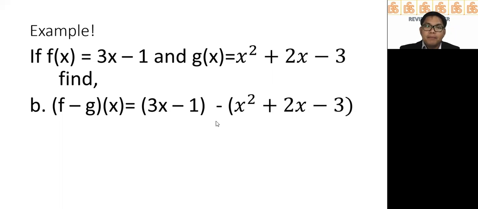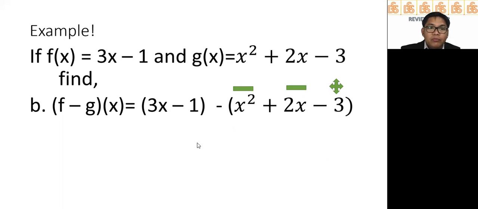What does it mean? From subtraction, we will turn it into addition, and then all signs of the expressions here will be changed. For example, x squared, this is positive. We will change that into negative. Positive 2x will change into negative 2x, and negative 3 will change into positive 3.